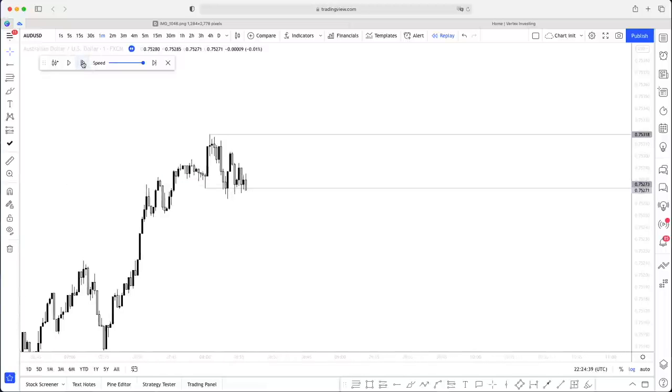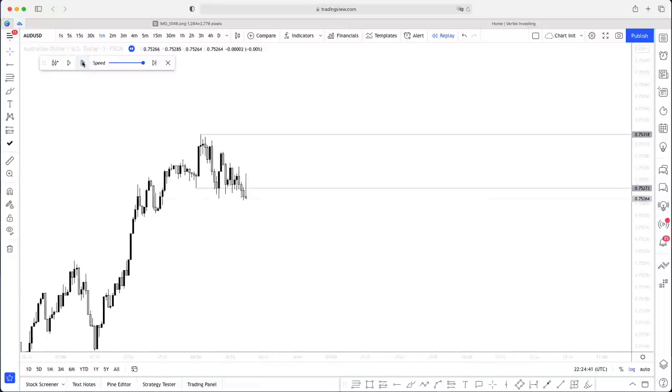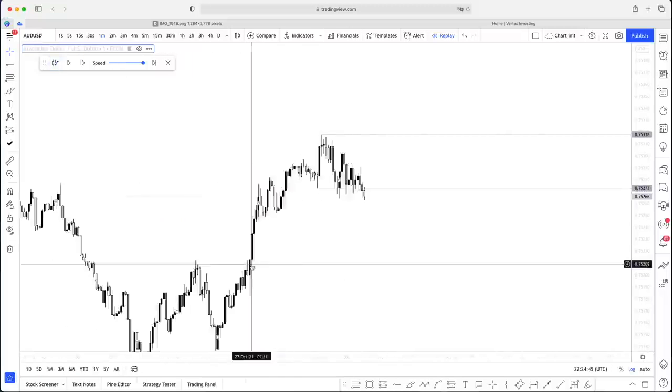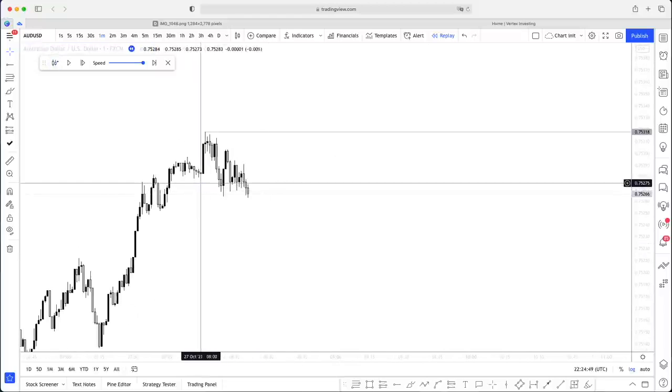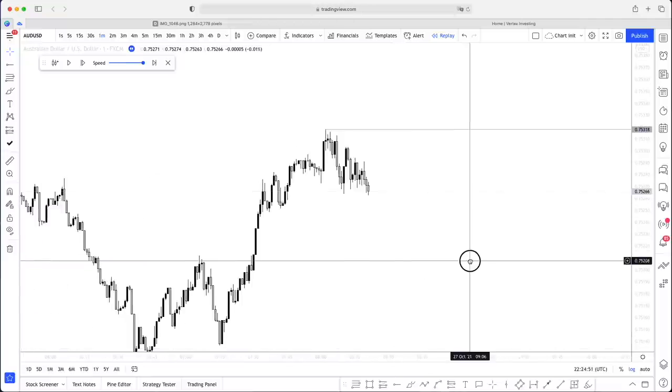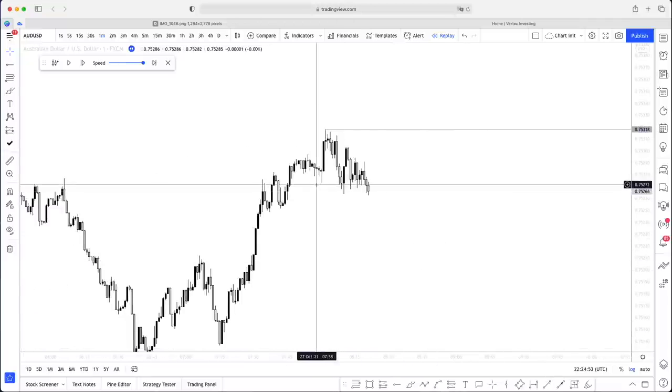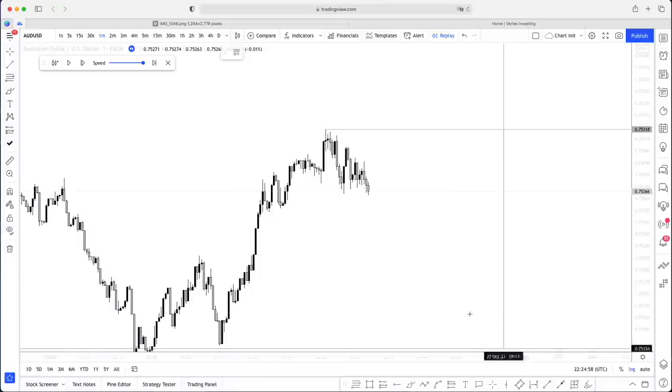So now when it comes, let me just go back a little bit. So now what we have is this break. What's happened is we have a potential fracture of order flow. Sorry, not potential, it is a fracture of order flow.